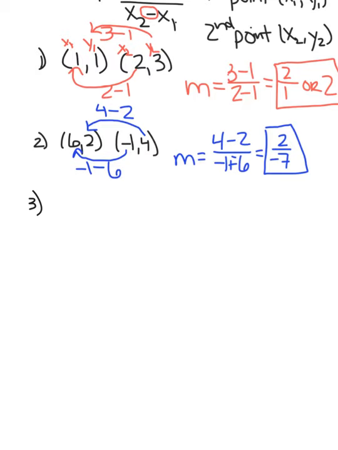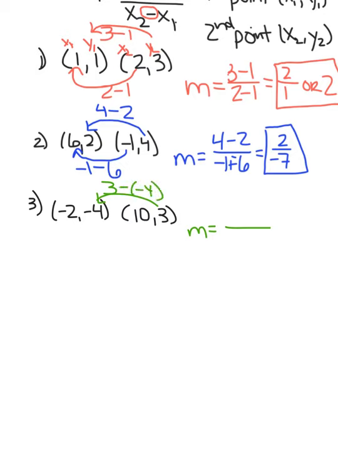So number 3, my first point is negative 2, negative 4. My second point is 10 comma 3. All right, so we'll do green this time. So my slope is going to be my y's first. So y to y here, we have 3 minus negative 4, right?